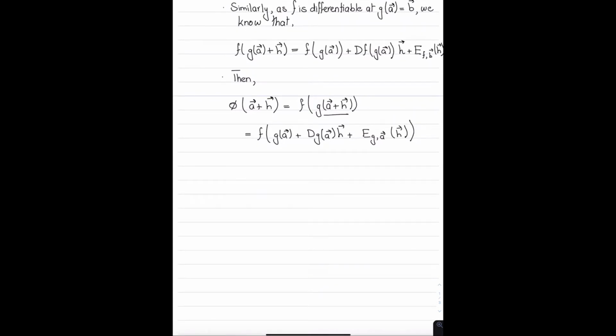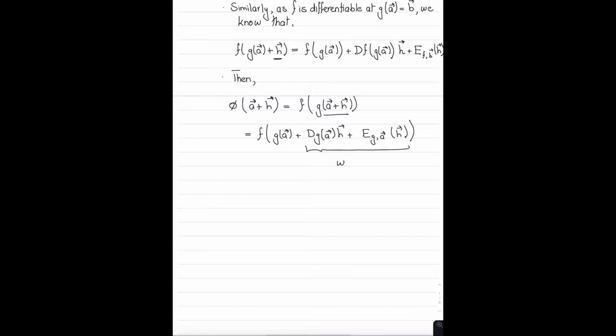And now the idea is that if you look at this piece right here, these two expressions are quite similar to each other, except that in this expression we have the vector h, whereas over here we have a function of h. However, we are going to call all of this w.